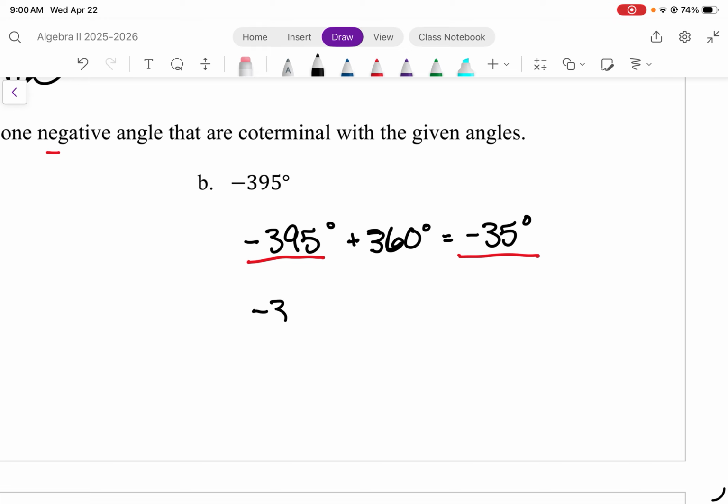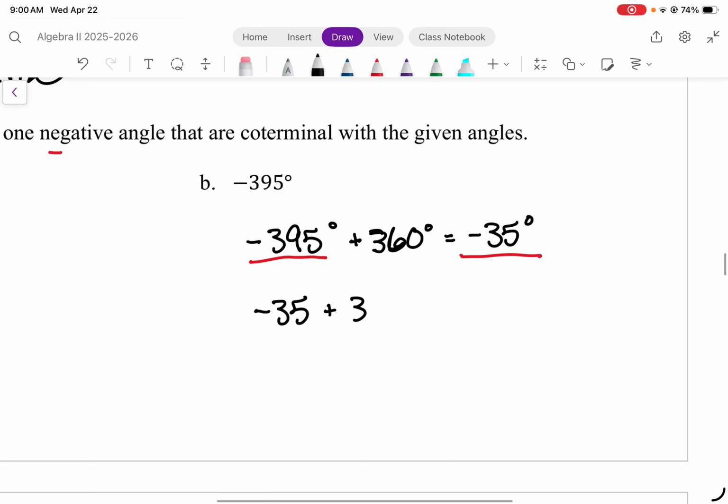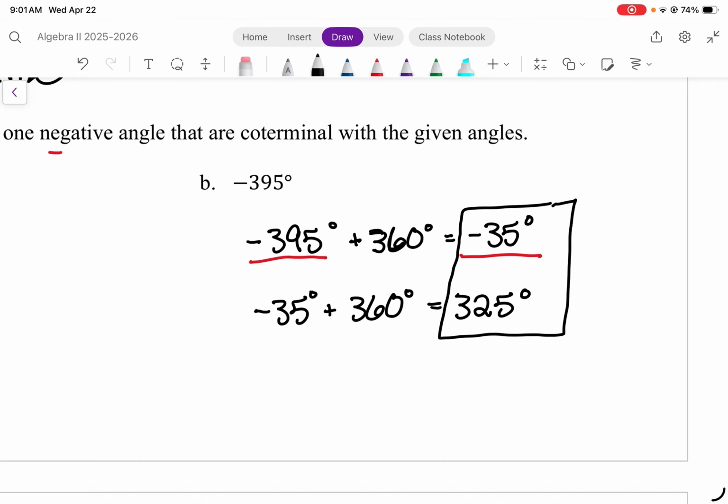I get to negative 35. So I'm going to take that negative 35 and add another 360 so I can get to a positive angle. And when I take negative 35 plus 360, that will give me 325 degrees. Now we have the positive and the negative coterminal angles.